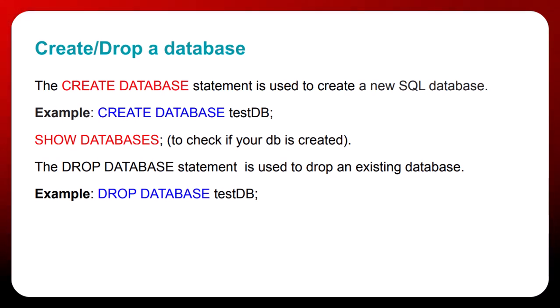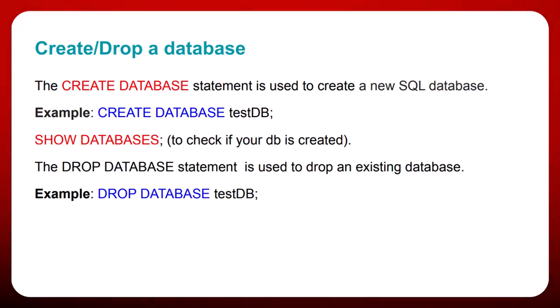That way we let the compiler know that this is our statement. After that, if we need to check whether our database is created, we just say SHOW DATABASES. And then to drop a database, just say DROP DATABASE followed by the name of your database.